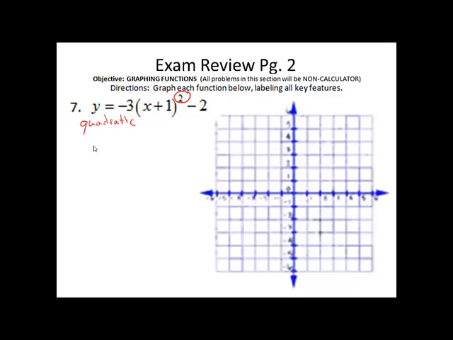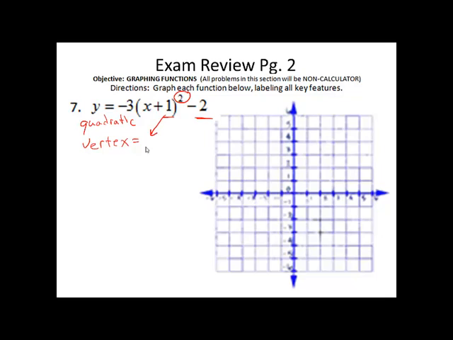Now quadratics we're going to treat a lot like we treated absolute value. When we look at a quadratic function, we're going to have a number inside the parenthesis and a number just outside the parenthesis right there. And that again is going to be our vertex. Just like on the absolute value, the vertex value for the x is going to be the opposite of what's inside here.